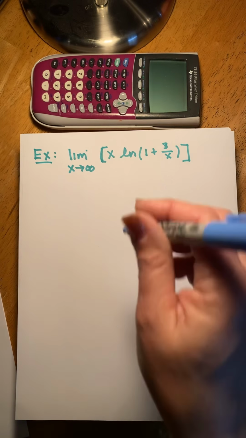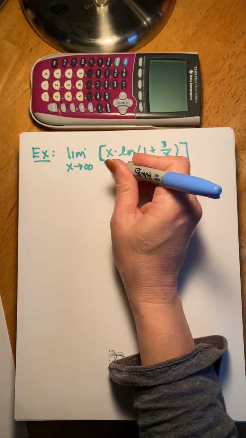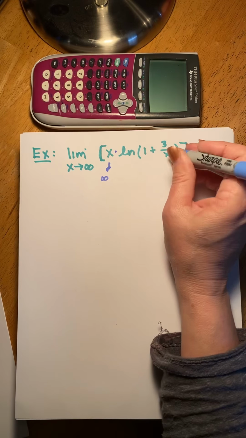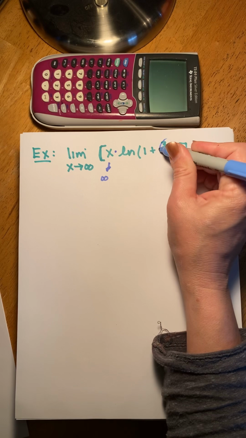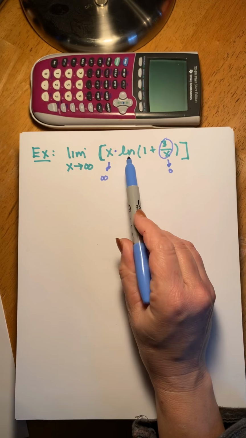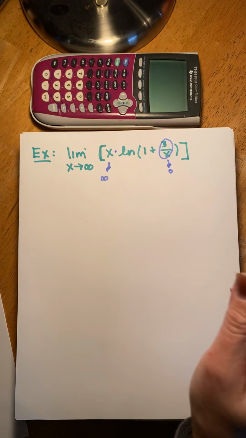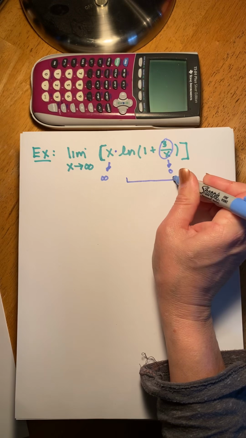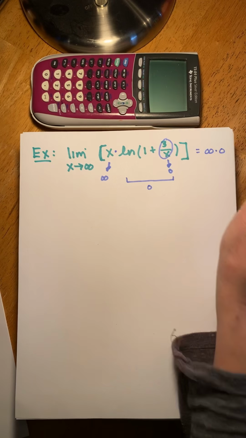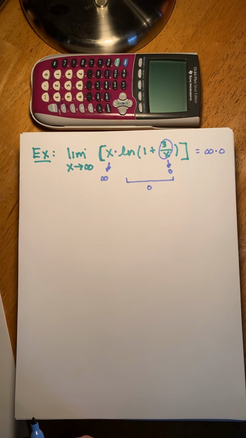All right, so let's think about this a little bit. This is a product. As x goes to infinity, this goes to infinity. As x goes to infinity, this whole piece goes to 0. So then what we end up getting is the natural log of 1. So this whole piece, well, the natural log of 1 is 0. So we have something of the form infinity times 0 again. Now remember, this is an indeterminate form, but we can't apply L'Hopital's rule until we turn this into a quotient.